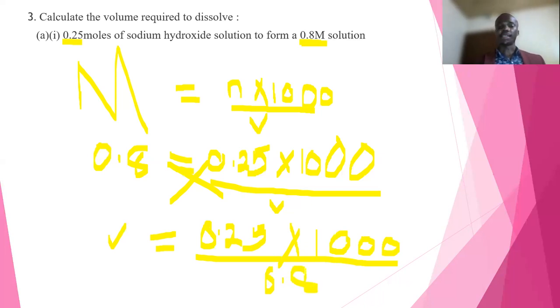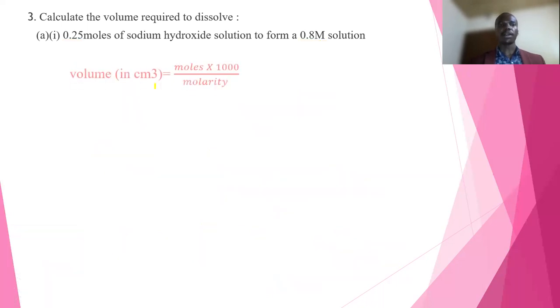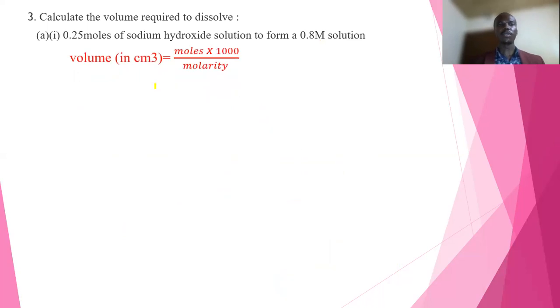Just like that, then you get your answer. So let's see how it is done. The volume is given by moles times 1,000 over molarity.